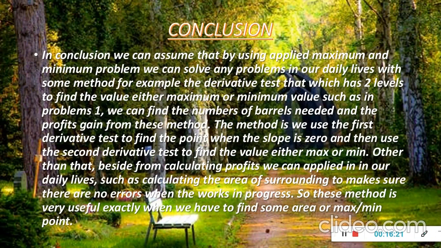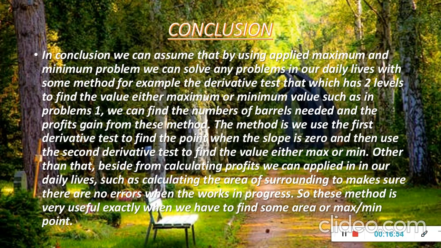In conclusion, we can assume that by using applied maximum and minimum problems, we can solve any problems in our daily life with some method. For example, the derivative test, which has two levels to find the value, either maximum or minimum value, such as in problem 1, where we can find the number of barrels needed and the profits gained from this method.